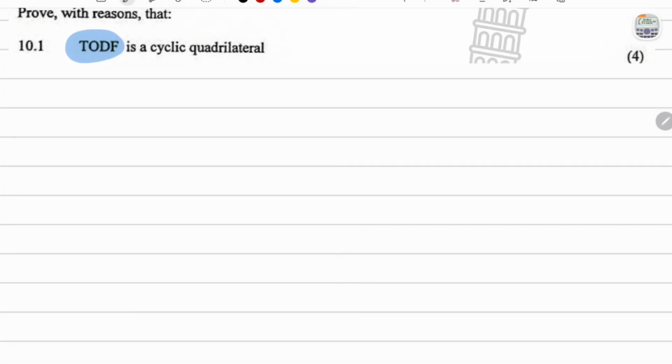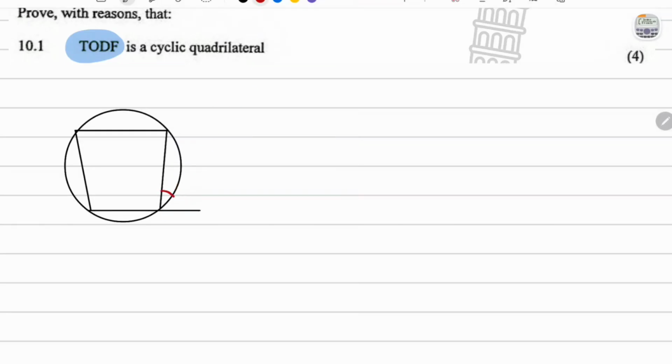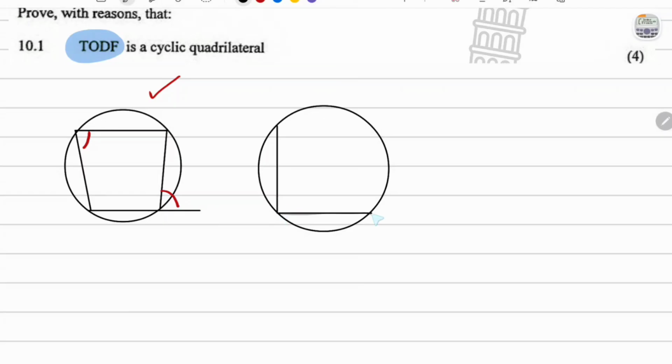For you to prove that something is a cyclic quadrilateral, there are 3 ways to do this. The first way is if you have a quadrilateral and you notice that the exterior angle of this quadrilateral is equal to the opposite interior angle, then it's a cyclic quadrilateral. The second case is where there are 2 angles at the circumference supported by the same chord, and those 2 angles are equal, then it's a cyclic quadrilateral.